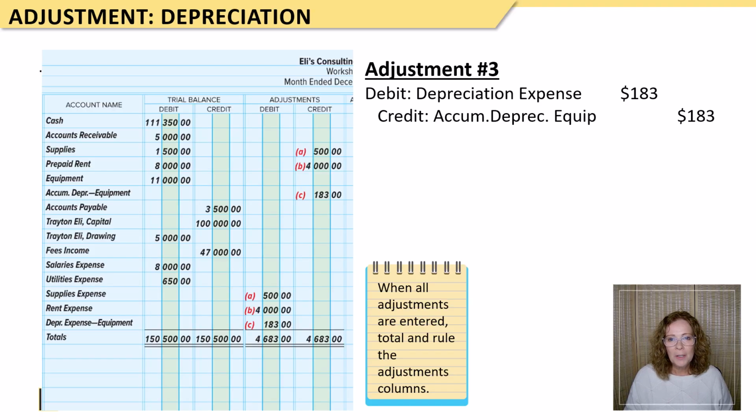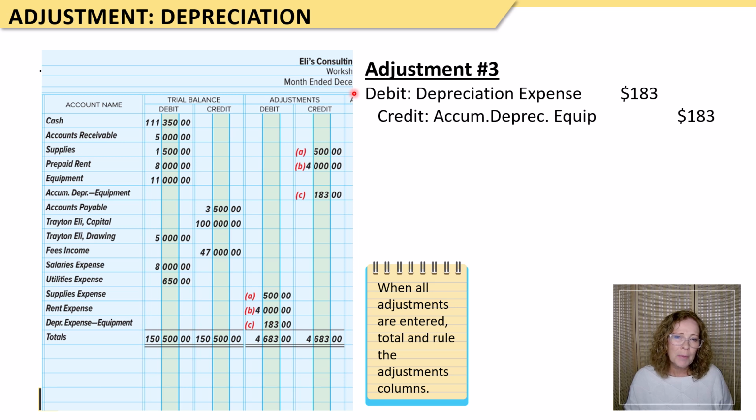To find the debit and credit for this transaction, we analyze the transaction. We now have more depreciation expense, which is an account in the expense category. And expenses increase with debits. That means we have to debit depreciation expense. The second part of our transaction is that we now have more accumulated depreciation, which is a contra asset account.